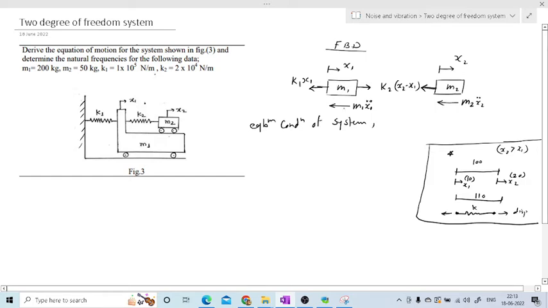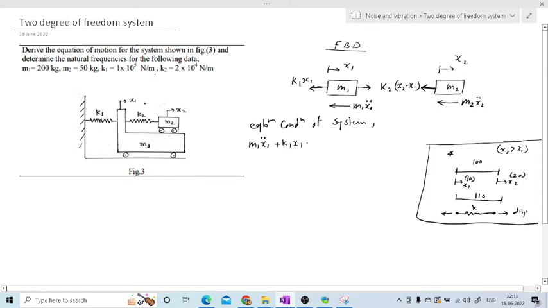In the direction of inertia force I am going to consider the force positive. So the left side I am going to take as positive here. So write for mass m1: m1 x1 double dot on the left side, so it is positive, then plus k1 x1. K1 x1 is in the same direction, so it is positive.